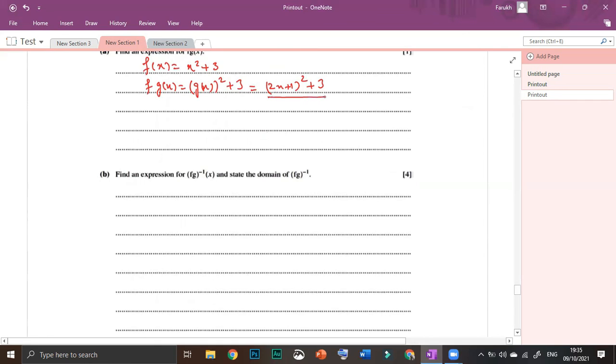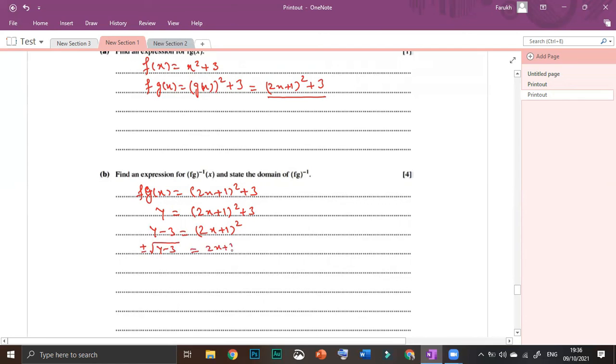Fg of x is equal to 2x plus 1 whole square plus 3. Y is equal to 2x plus 1 whole square plus 3. Now we will make x the subject. Apply square root and put a plus minus sign with the under root.